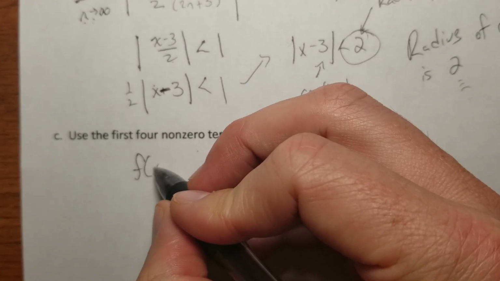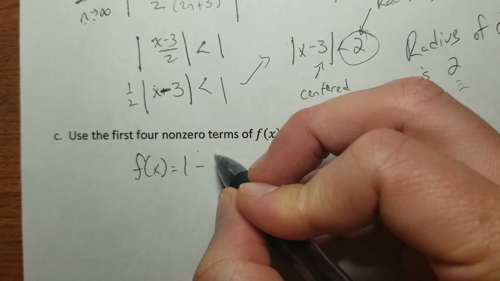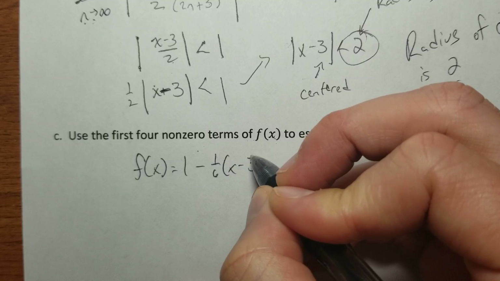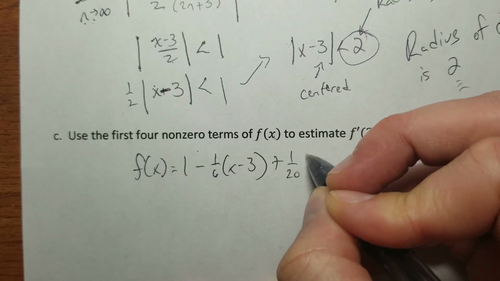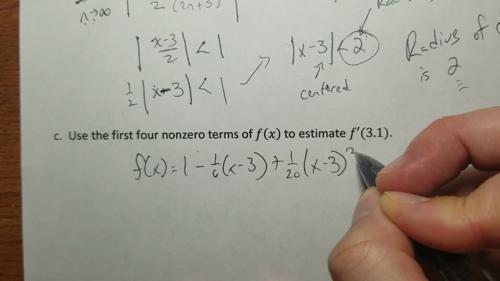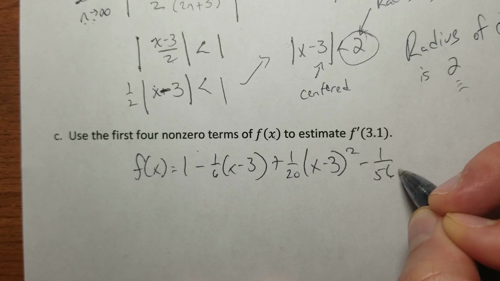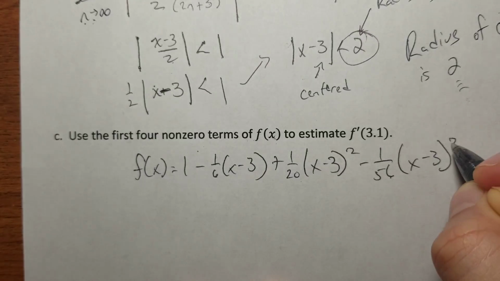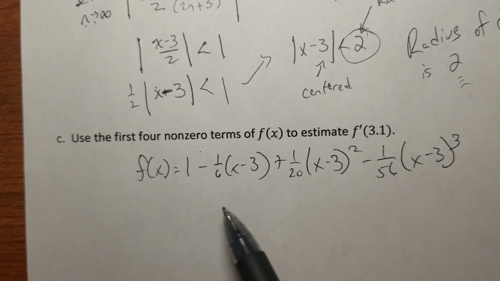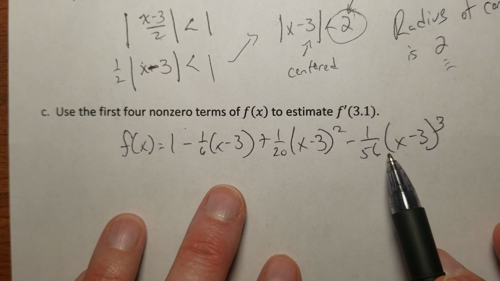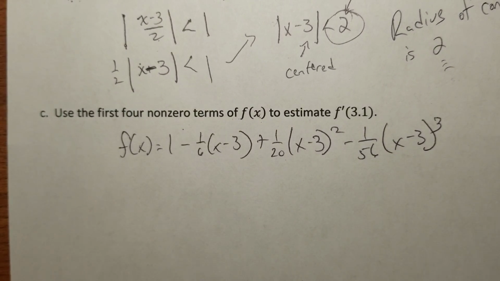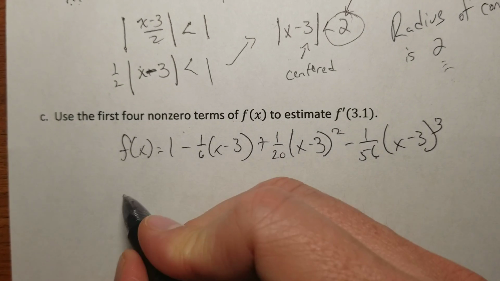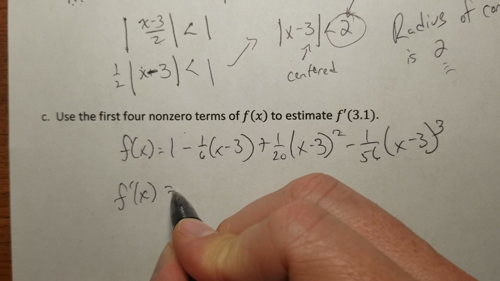I'm going to call this f of x equals 1 minus 1/6 x minus 3 plus 1/20 x minus 3 squared minus 1 over 56 x minus 3 cubed. So for this one, I'm just taking a look at the polynomial from up above. It wants f prime, so let's go ahead and take f prime.